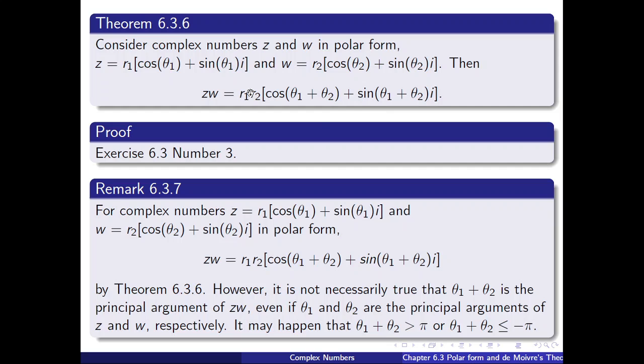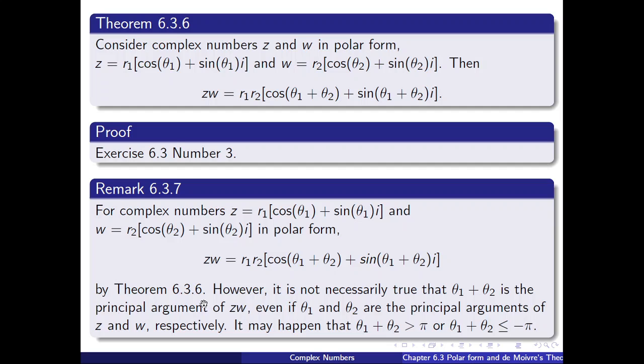So that is how we will find the product, and the proof is left as exercise 6.3 number 3 in the textbook, so you can go and have a look at that. But basically now we've got a new way of finding products of complex numbers that are in polar form, right?